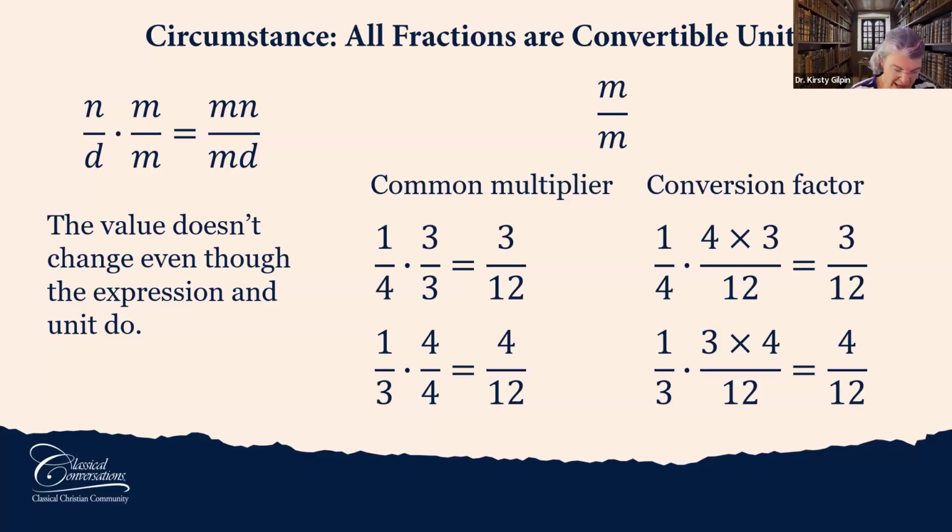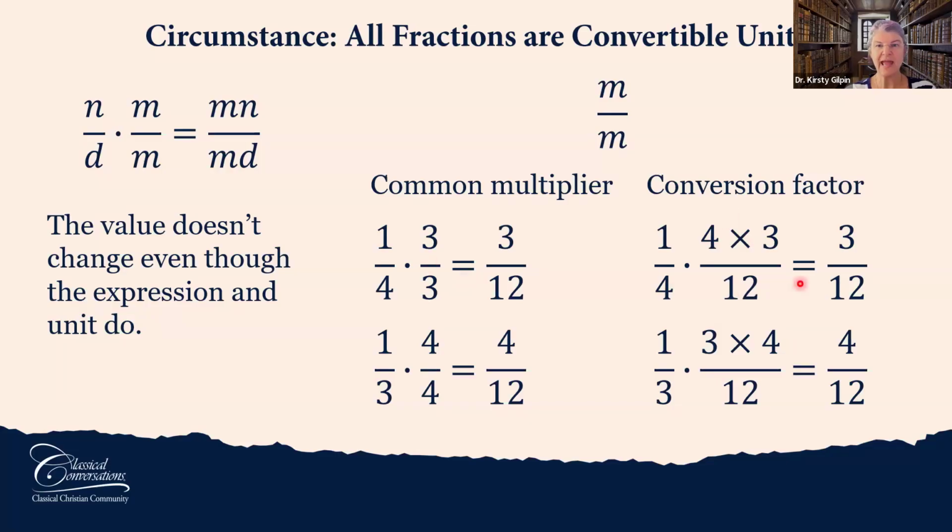When we think about this idea of a conversion factor, we change our identity fraction a little bit, because we still have an identity fraction. This is still equal to 1, but now I'm actually showing all of my factors, not just the missing factor.